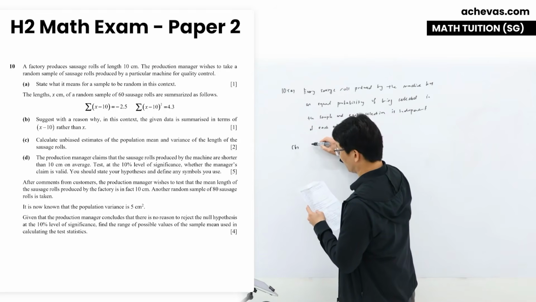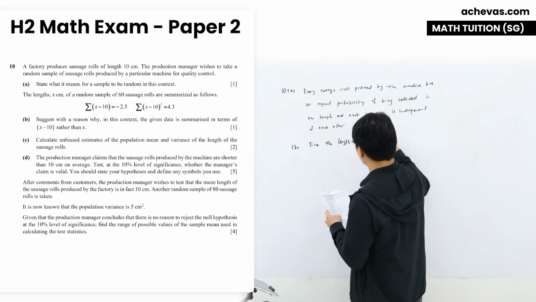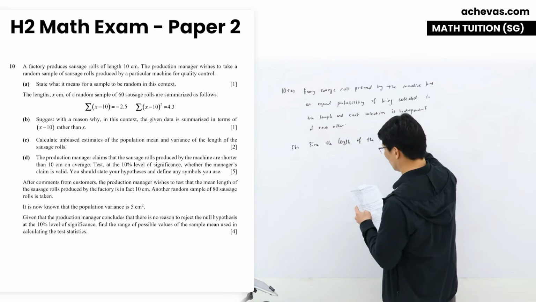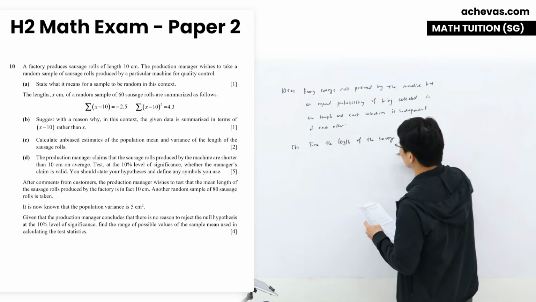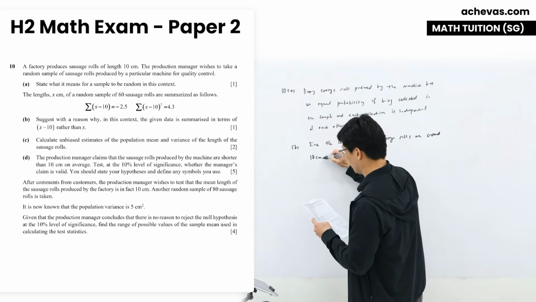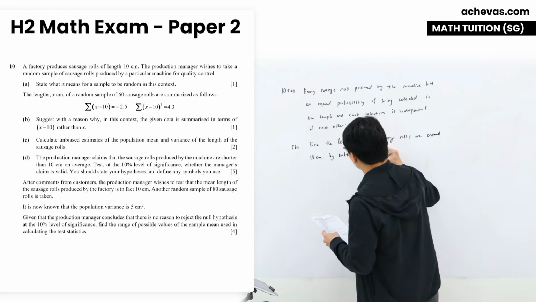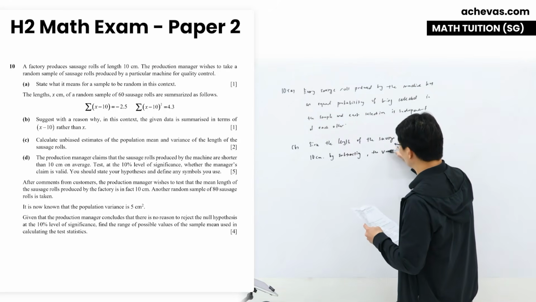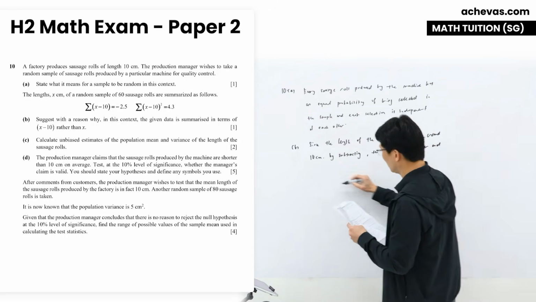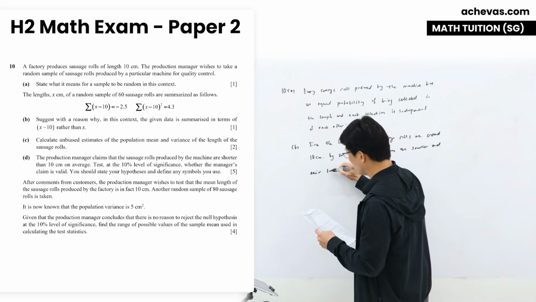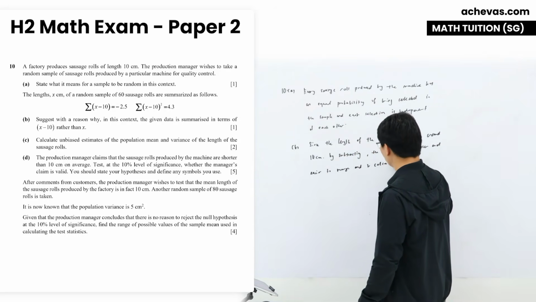I would say, since the length of the sausage rolls are around 10 cm, by subtracting 10, the values are smaller and easier to manage and to calculate.